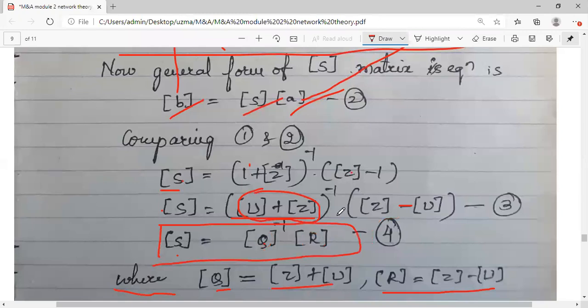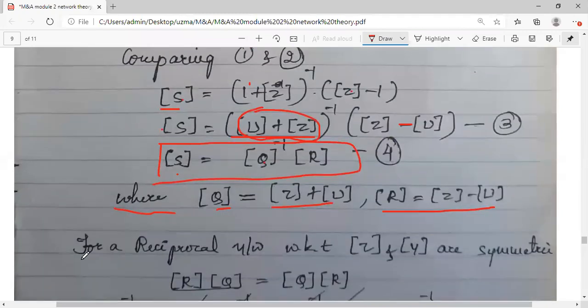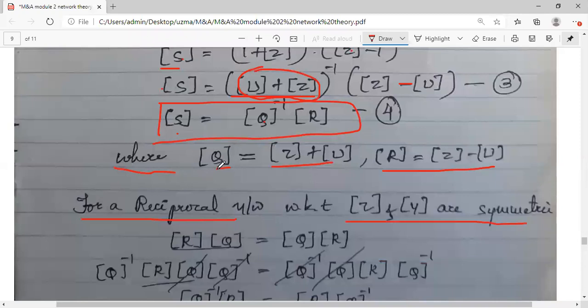Now coming back to the derivation which we did, for a reciprocal network, Z and Y matrices are symmetrical. You know, Zij equals Zji, Yij is equal to Yji. Q and R are in terms of Z and the unit identity matrix. For a reciprocal network, this is symmetric.